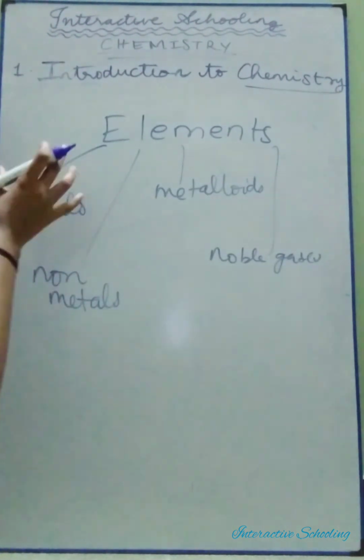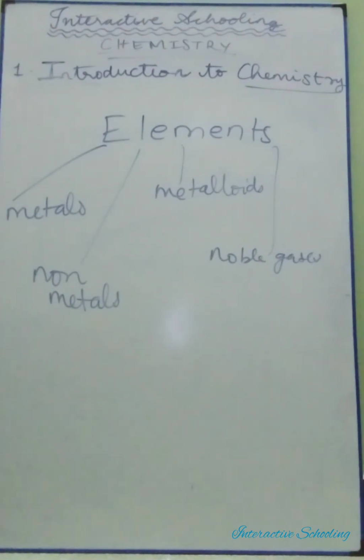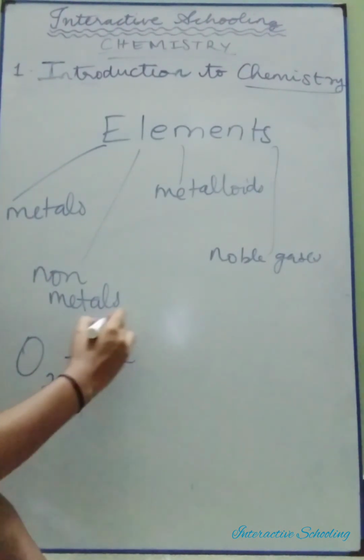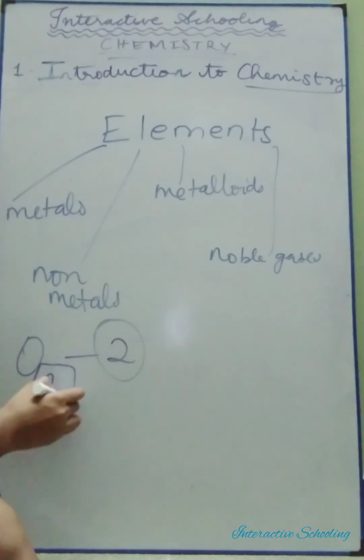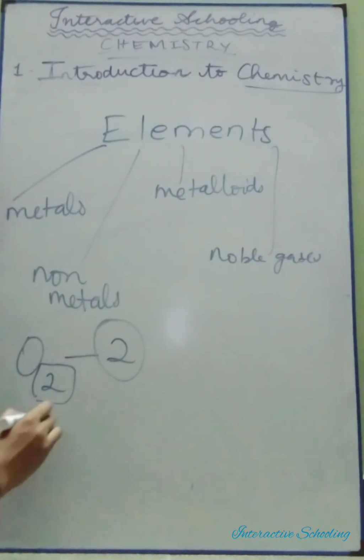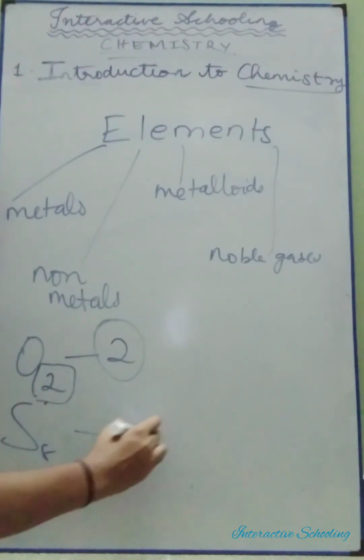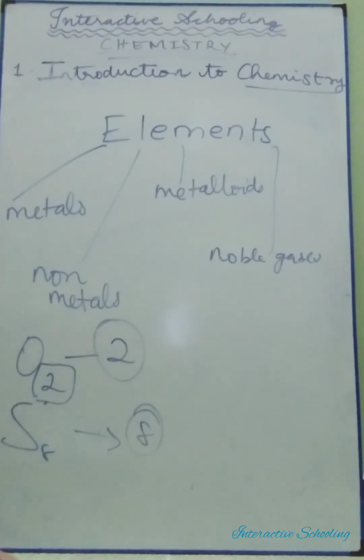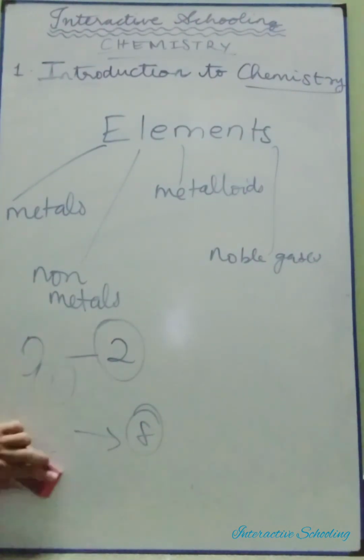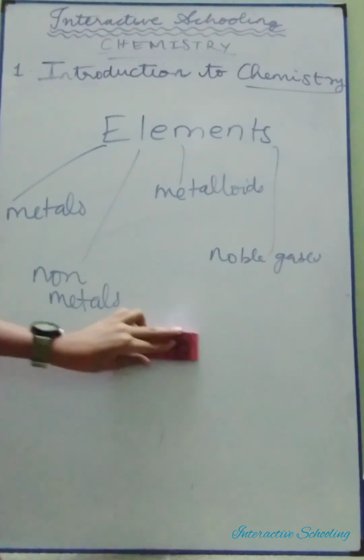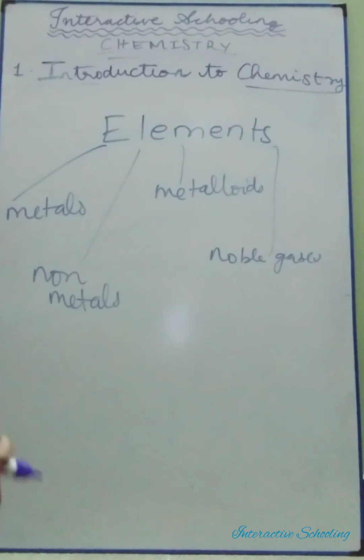Metals are monoatomic. What is atomicity? Atomicity states the number of atoms in a molecule. If you take O2, its atomicity is 2 because it has 2 oxygen atoms. Sulfur is S8. It has 8 atoms in its molecule. So that's the atomicity. Metals are monoatomic in nature, which means they have only one atom in them.